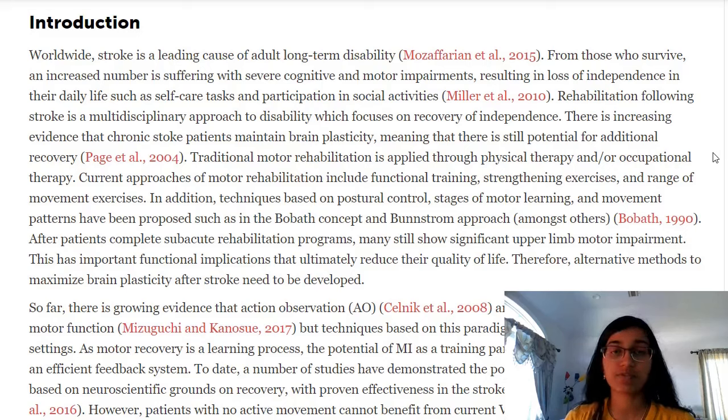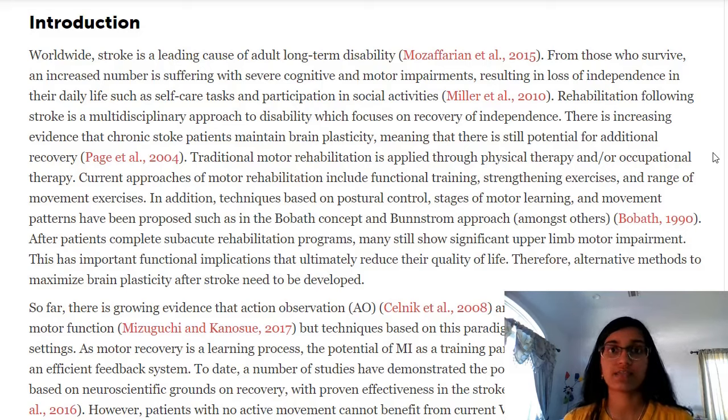You do maintain some degree of brain plasticity, but perhaps not as much as you had when you were younger. And this is under normal conditions. So they say that even chronic stroke patients do have some degree of brain plasticity, and this helps them recover.